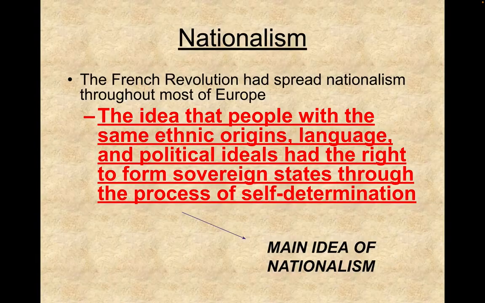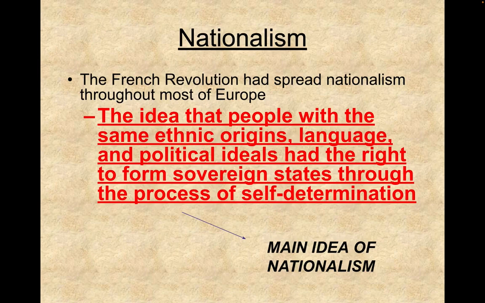So let's talk nationalism. The French Revolution has spread nationalism throughout most of Europe. This is the idea that people with the same ethnic origins, language, and political ideals had the right to form sovereign states through the process of self determination. A sovereign state is a country that rules itself. It has its own form of government and its own way of doing things. It is separate from other countries.